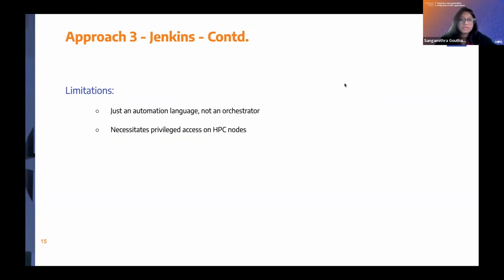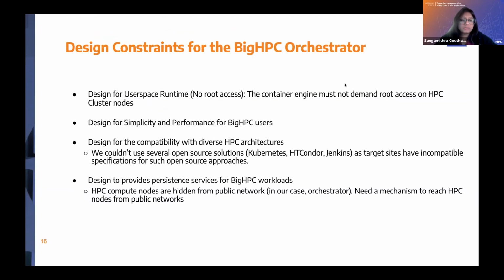Now, to summarize, the constraints that we faced for designing the BigHPC orchestrator were, first of all, the design for user space runtime, also no root access. The container engine must not demand root access on HPC cluster nodes because this is in general prohibited by HPC administrators.